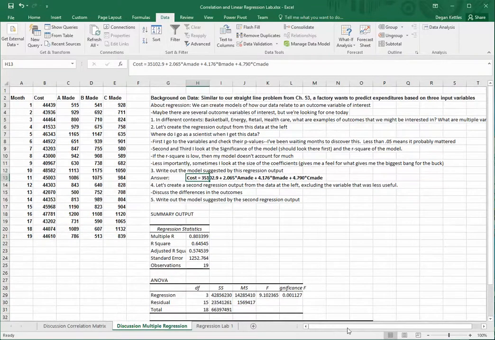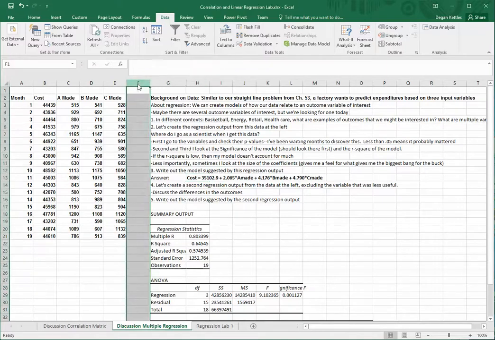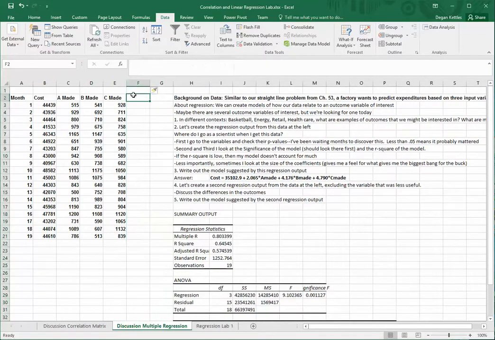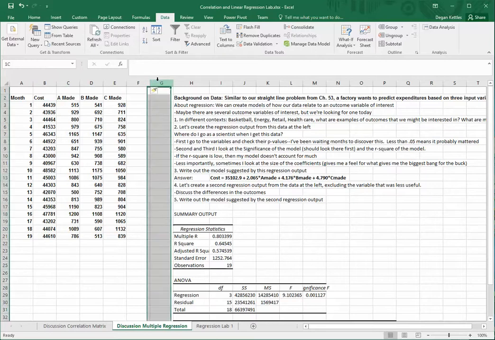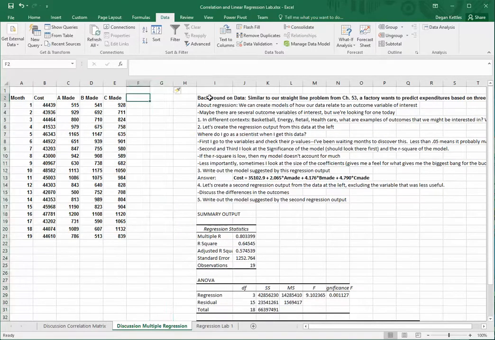Alright, so this formula that I've written there is a generic formula that we can then use to estimate what this real cost is, and we can compare and see how well we did. So let me go ahead and experiment with that. So my prediction is based on this. Let's use my formula, and instead of A made, I'll get rid of that and use the actual number, because A made was just a variable.